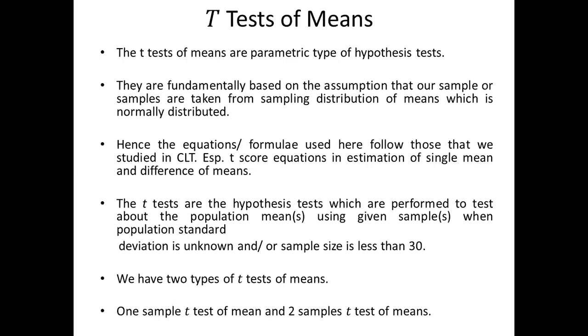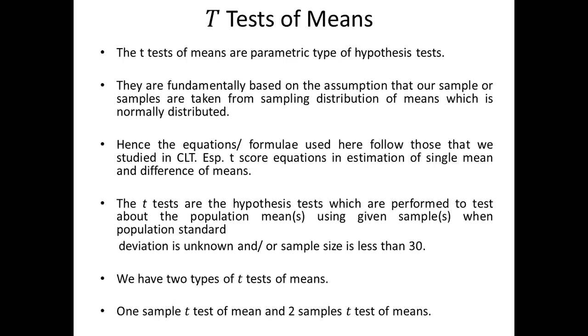We also know from our previous lectures that sampling distributions of means are always normally distributed. Their central value is the population mean, and their standard deviation is called the standard error of mean. These are the things that we understood from the central limit theorem.